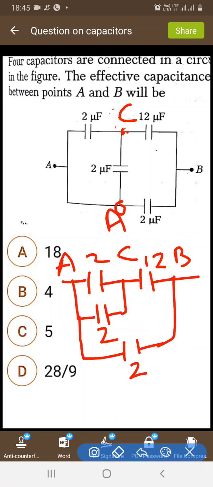Now you see 2 and 2 are in parallel, so it will be 4. 4 and 12 are in series, so it will be 4 into 12 upon 4 plus 12, that is 3 microfarad. 3 and 2 are in parallel, so it will be 5 microfarad. So answer will be C. C is the correct answer.